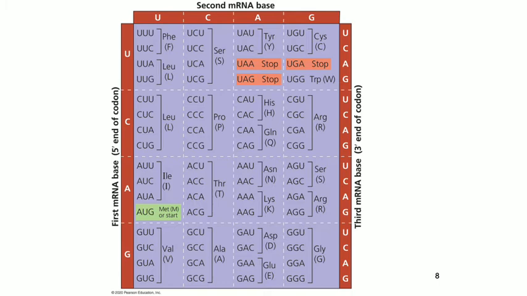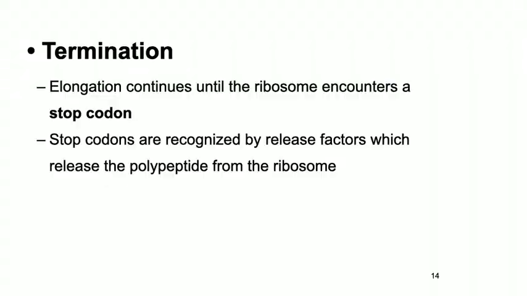So at any point when the ribosome snakes along the messenger RNA and the next triplet happens to be one of these, it doesn't matter how much more of the messenger RNA is left untranslated. It doesn't matter at all. If one of these codons is hit, then termination occurs.